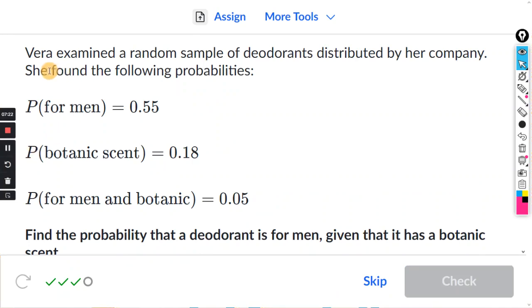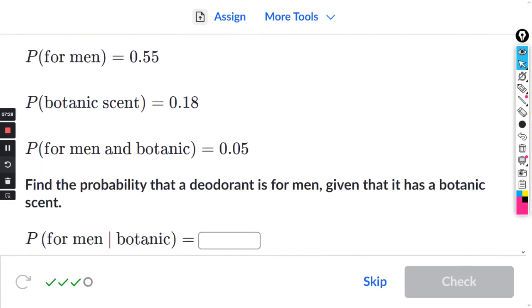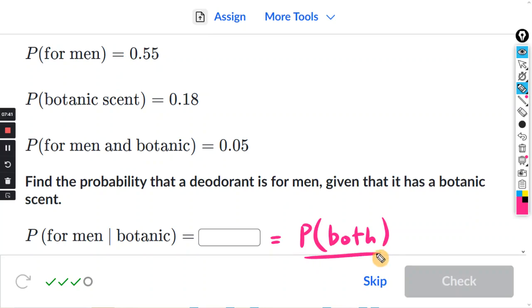Last one. Vera examined a random sample of deodorants. Probability for men, probability botanic scent, and men and botanic. So let's use our tried and true formula. That's going to be the probability of both divided by the probability of the given.